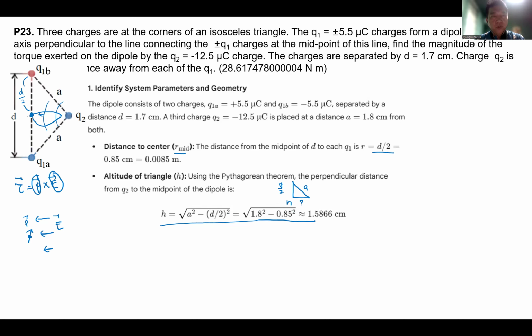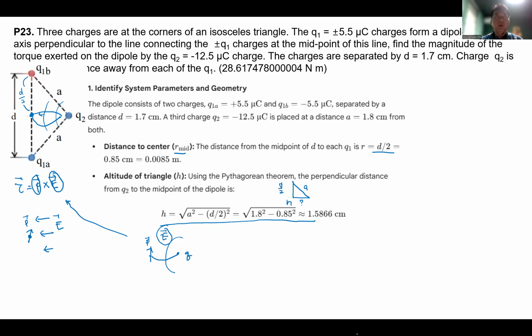So what we now know is that we have a dipole here, and the distance between the dipole center and the charge. And then what we can do is calculate the electric field at the dipole center, E, and this electric field will interact with the p in such a way that it will generate p cross E. So that's the logic you need to understand.